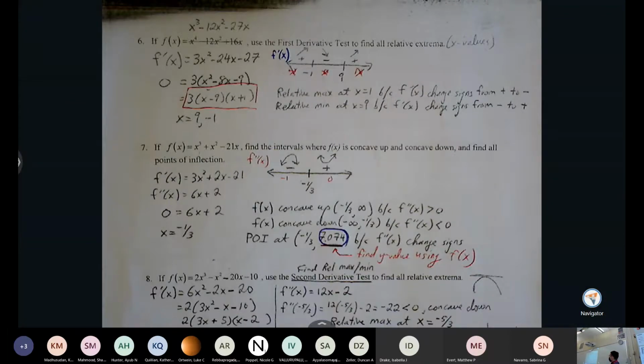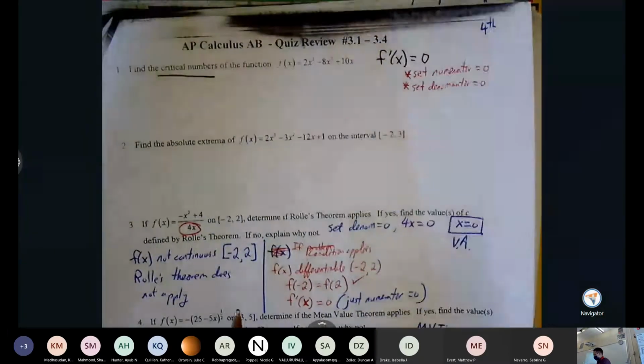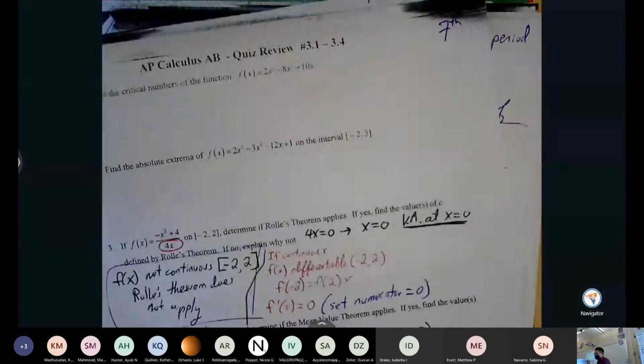I do want to step through number 8 with you because that's a new topic that we just talked about yesterday. It gives us a chance to get some additional practice in. So let's look at number 8. This is finding max and mins, but using the second derivative test.